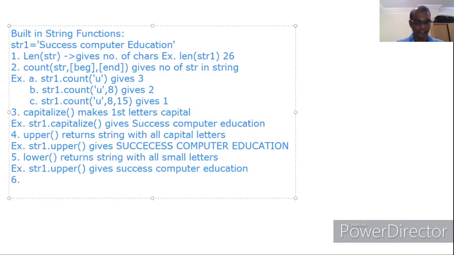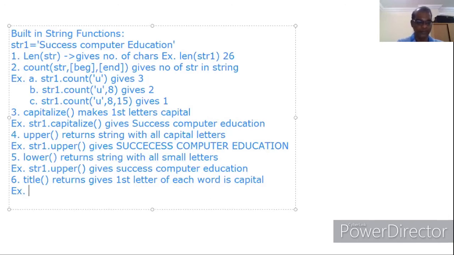Sixth one, title. In each and every word of the string, the first letter of each word is capital. That means str1 of title gives S will be capital, then C will be capital, then E will be capital.